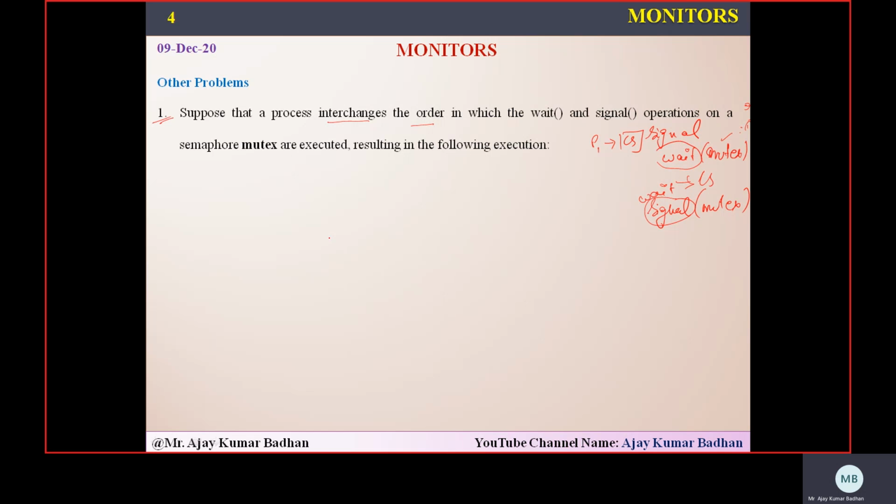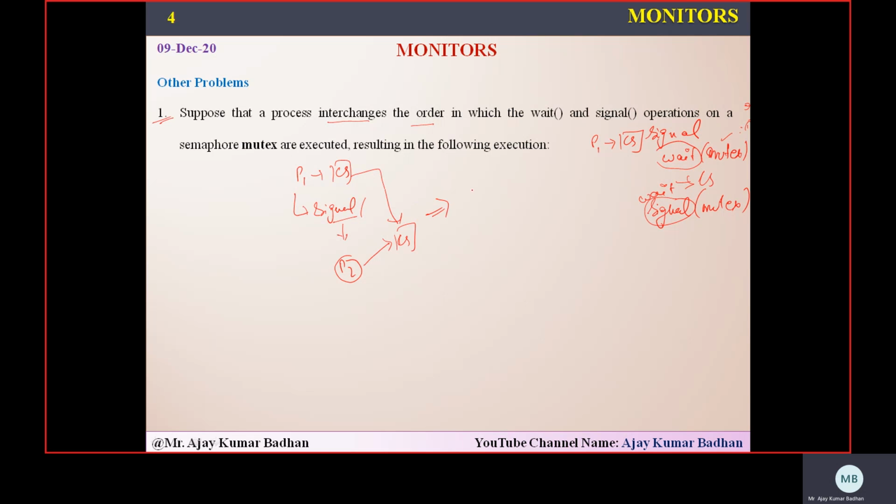Can anyone guess what is going to happen here? Let us suppose process P1 wants to enter the critical section. It calls signal, which is normally called when the process comes out of the critical section, so in the beginning it is indicating to other processes that it is coming out. Then another process will also try to enter the critical section. So P1 and P2 are simultaneously in the critical section.